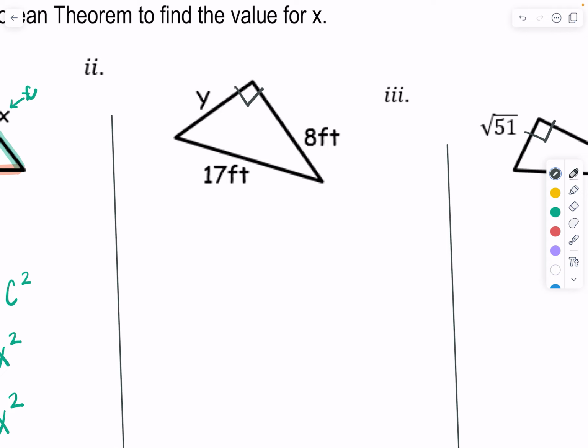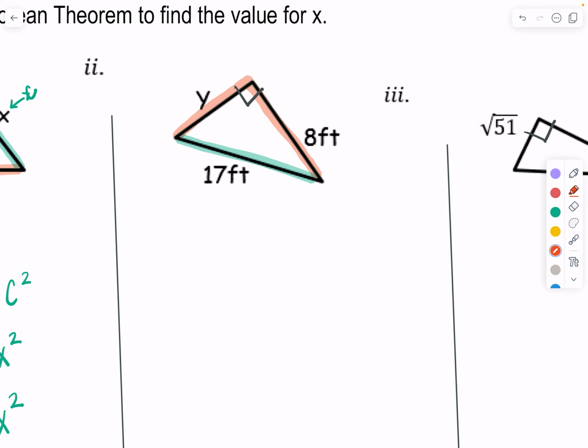All right, I'd recommend pausing the video, try this next one, and then resume and check with me. So we've got my legs. The legs are Y and 8, and then the hypotenuse is 17.